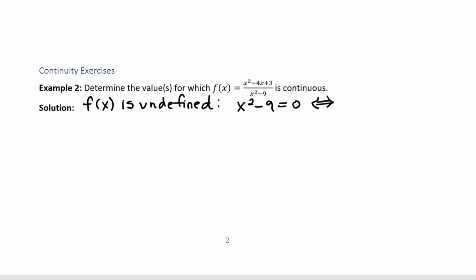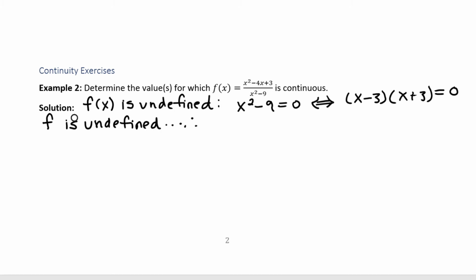We can factor the difference of squares, x squared minus 9, as x minus 3 times x plus 3. And solving for the x's, we get that f is undefined, therefore discontinuous, at x equals 3 and at x equals minus 3.